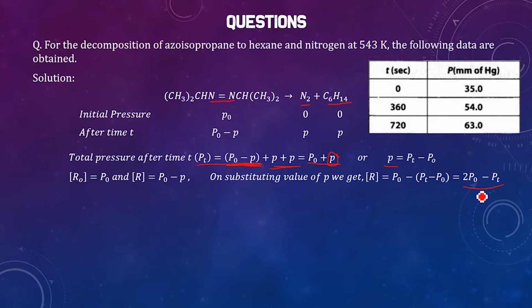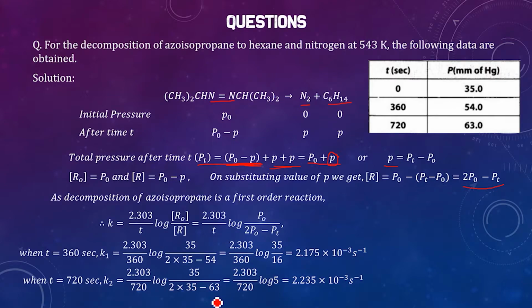Okay, dear. Now the first integrated rate law equation, what is this? This is K is equal to 2.303 upon T log initial upon final. So in place of initial concentration, we will write initial pressure, and in place of left concentration, we will write the left pressure.